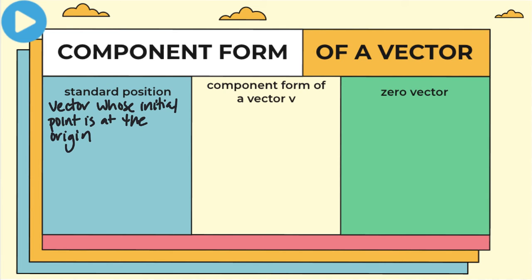And it can be conveniently represented by v equals ⟨v1, v2⟩, where v1 shows the horizontal movement of the vector and v2 shows the vertical movement of the vector.